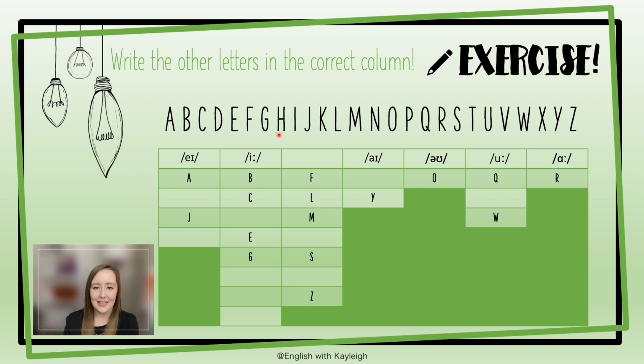H. Good. So this one here, letter H, can go in this box just here. Good, well done. Okay, I'm going to give you 2 minutes to try to complete the other boxes. Okay, good luck.